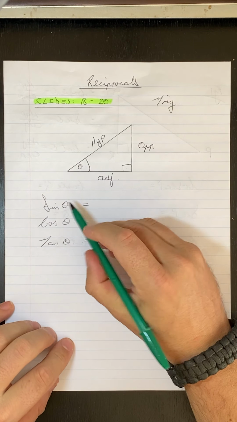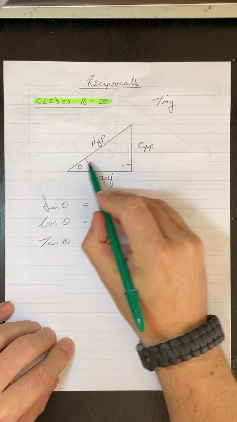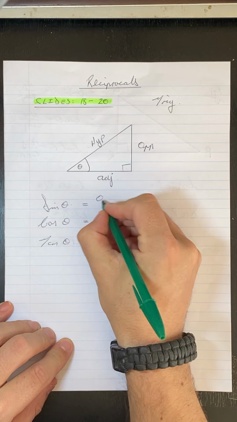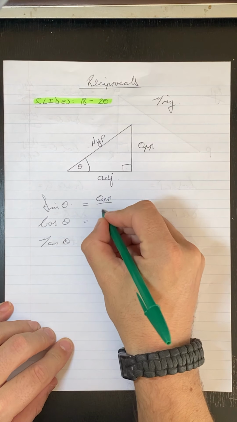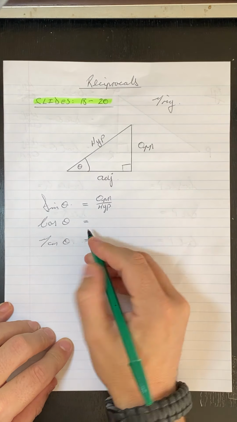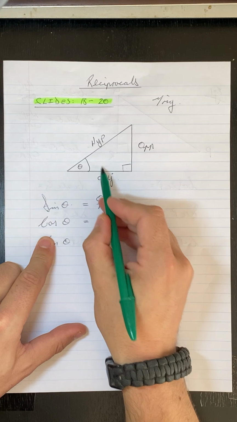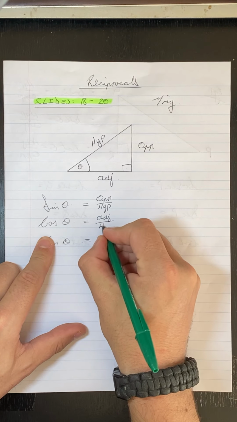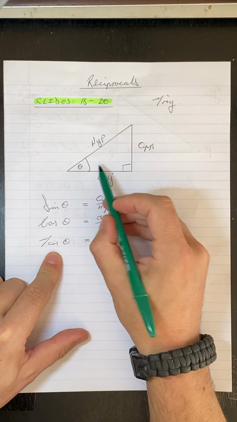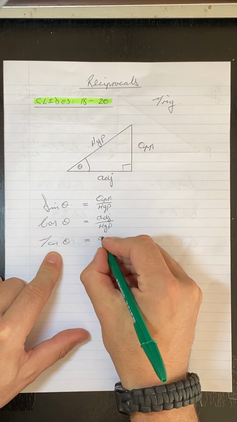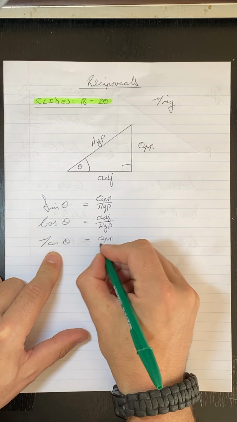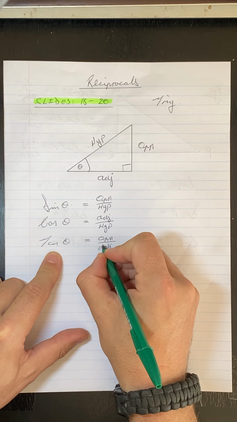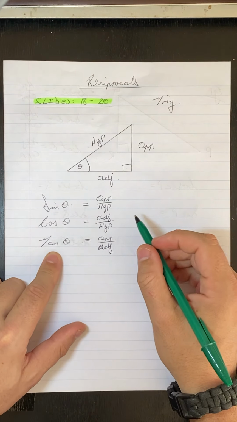If you remember, sine is opposite over hypotenuse, cos was adjacent over hypotenuse, and tan was opposite over adjacent. Just go back to that little rhyme that we did in the beginning.